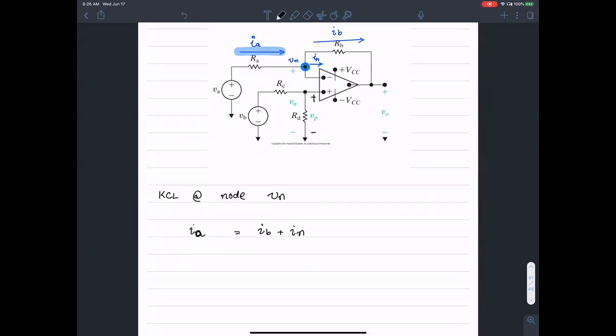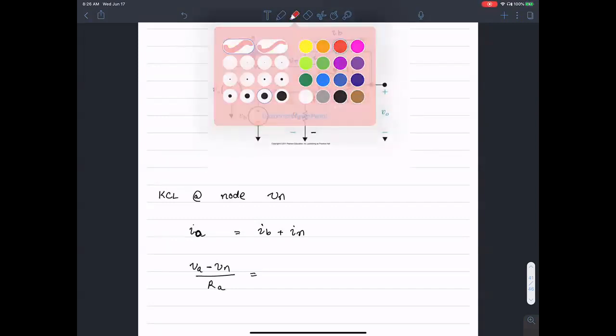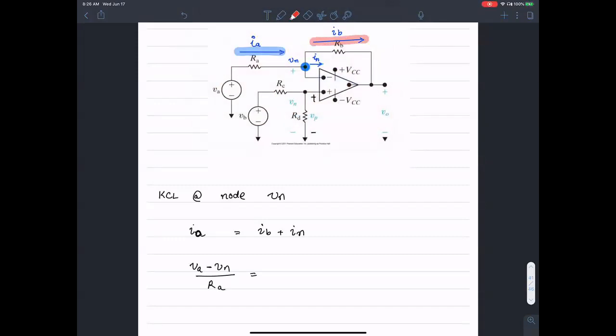So it will be Va minus Vn over Ra would equal the current leaving in this branch. That branch would be voltage here minus voltage there over Rb. So it will be Vn minus Vo over Rb.